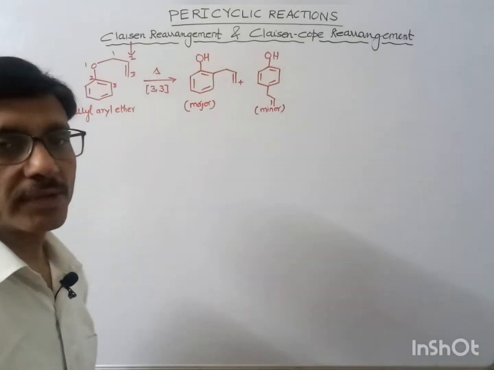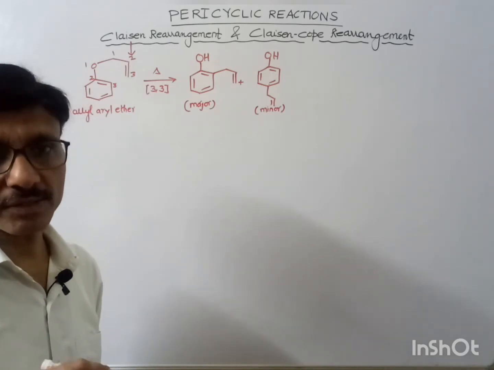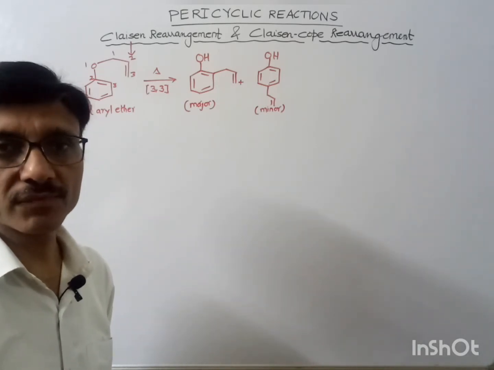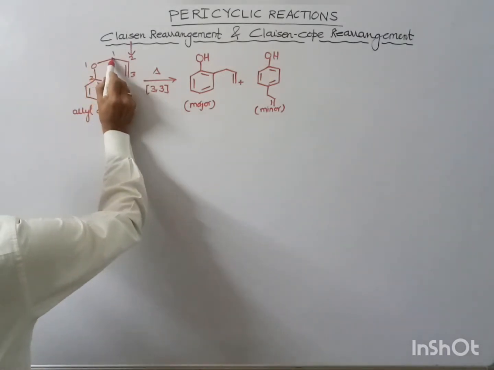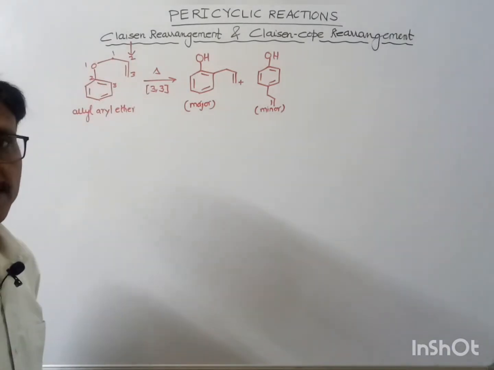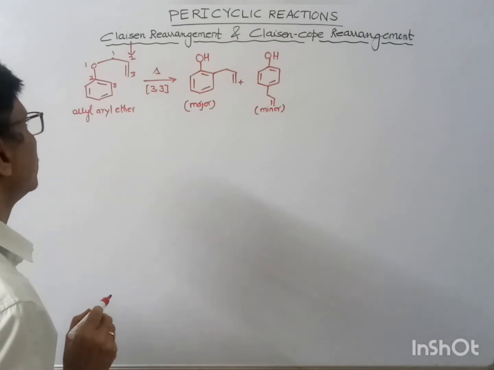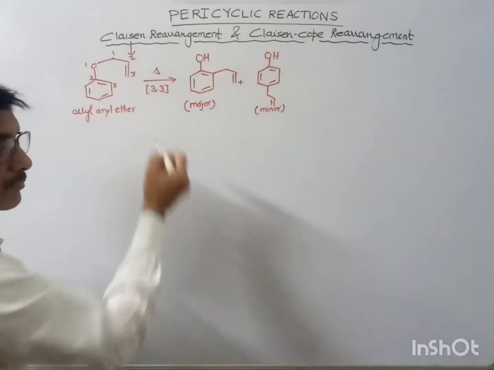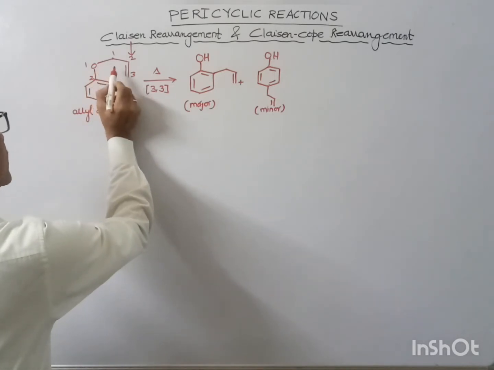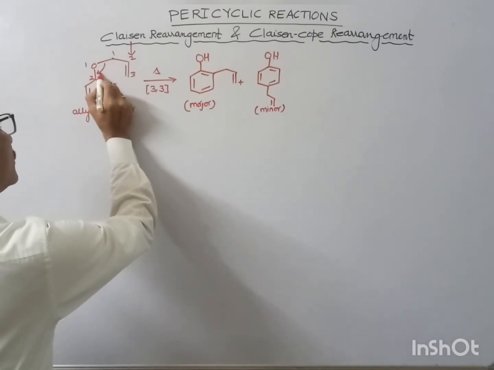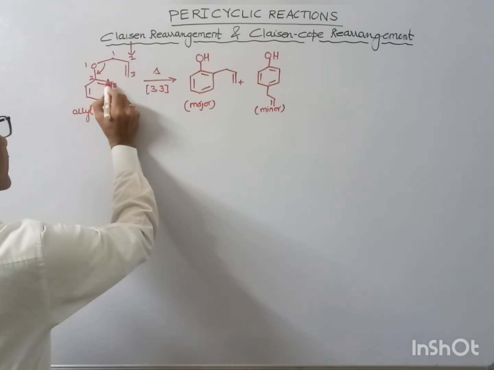In a sigmatropic rearrangement, the sigma bond between 1 and 1 breaks. So this bond between this carbon and this oxygen will break, being the most polar bond, and after that the 3,3-sigmatropic shift takes place.